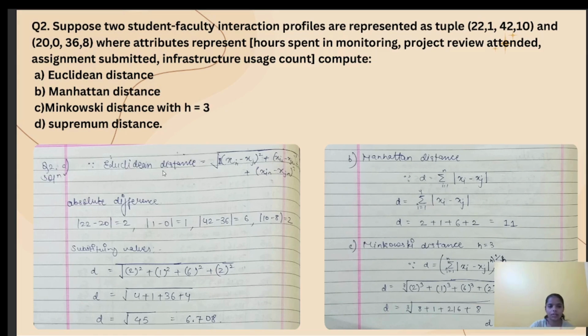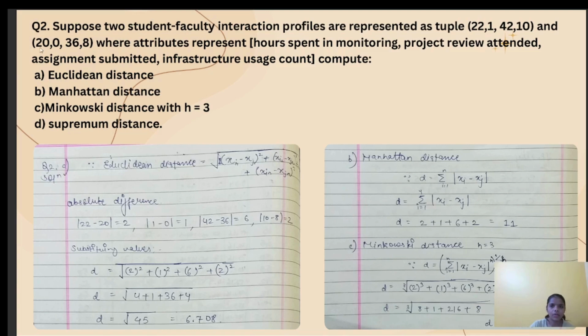To calculate the Euclidean distance, our formula is the square root of xi1 minus xj1 whole square plus xi2 minus xj2 whole square, and so on up to the n-th term. So first of all we will find the absolute difference of the given data.